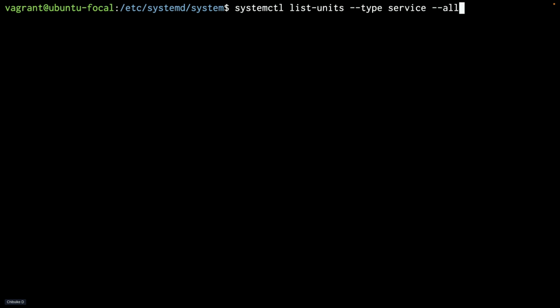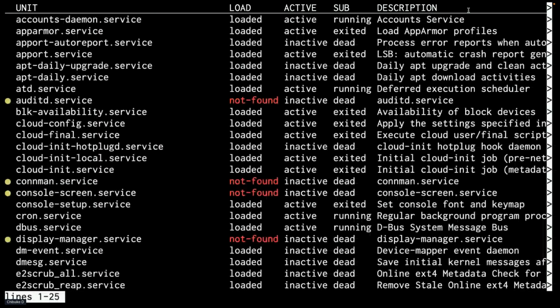Are you all familiar with this command? So what I'm saying here is systemctl, list all the units, the various types of units that I told you exist. I only want the service type, and I want everything. Right? So I press enter.